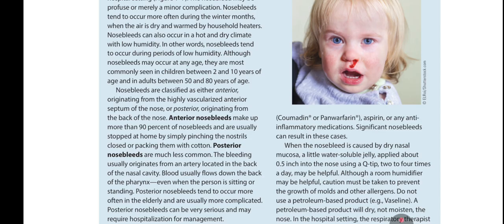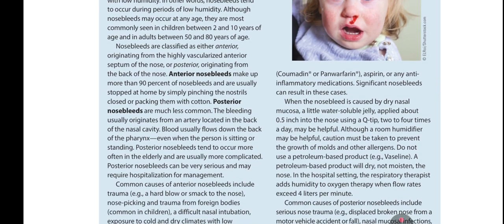Because posterior nosebleeds are less common. If posterior nosebleeds happen, it is dangerous because the bleeding usually originates from an artery located in the back of our nasal cavity. So it's an artery which supplies oxygenated blood.